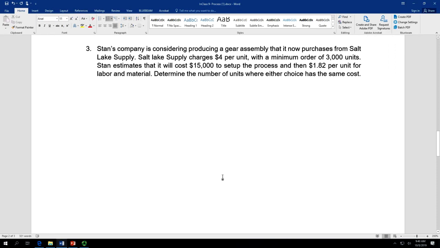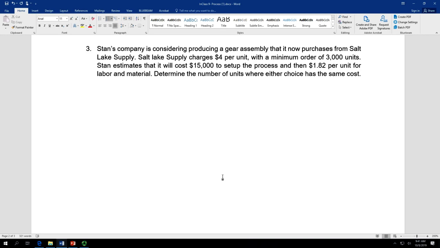For problem 3, this company, Stan Company, is considering producing a gear assembly that is now purchased from Salt Lake Supply. Salt Lake Supply charges $4 per unit with a minimum order of 3,000 units.